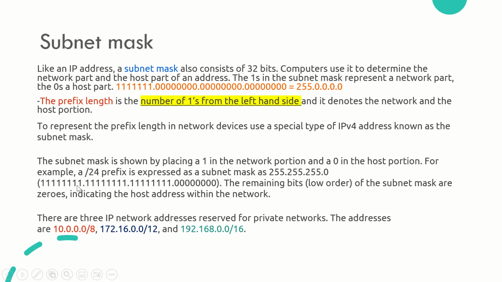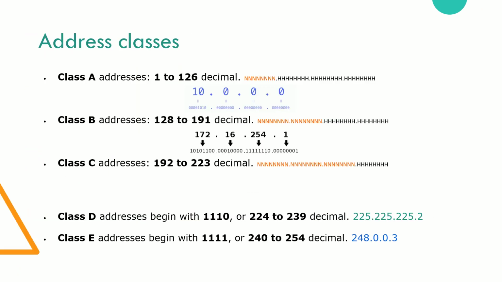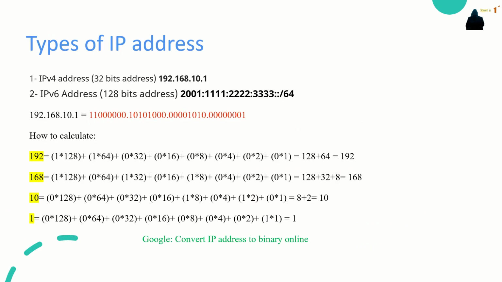And you can also calculate the binary. The binary should be 1 multiplied by 128, plus 1 multiplied by 64, for 255, and also 1 multiplied by 32 and so on.